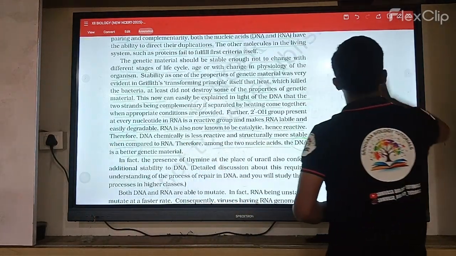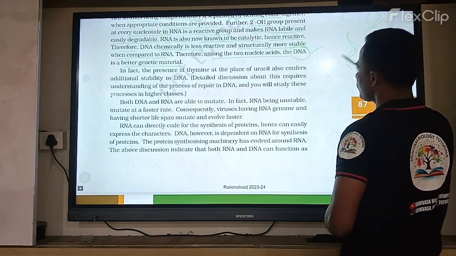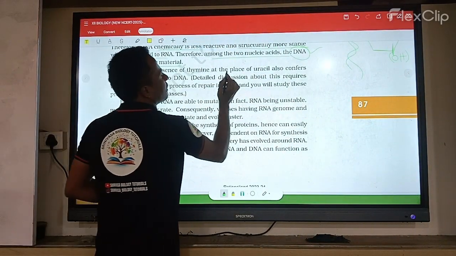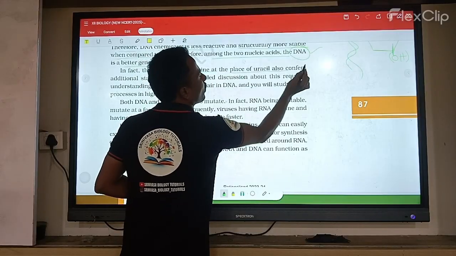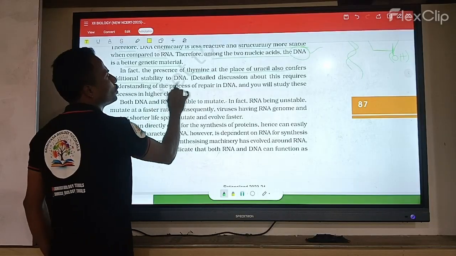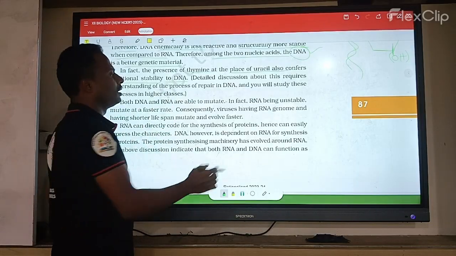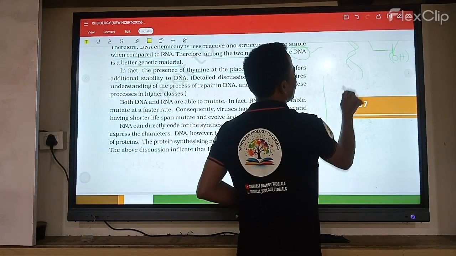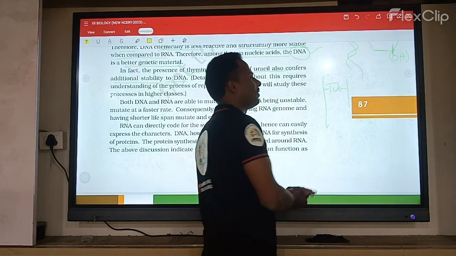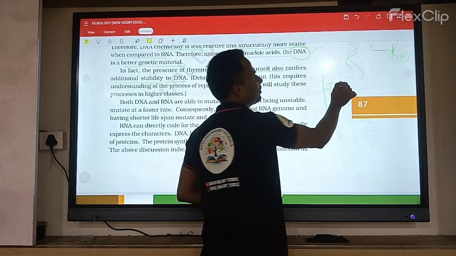Okay, next. In fact, the presence of thymine in place of uracil confers additional stability to DNA. So, for example, in one strand, thymine is present. In the other strand, what do we have? Uracil.